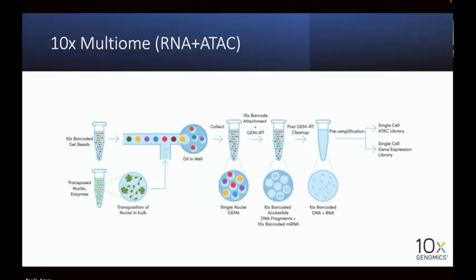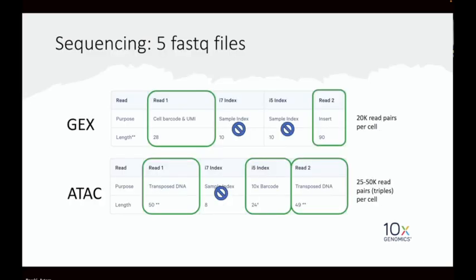The way the experiment works is, you take your cells, prepare the nuclei, and take them to our wonderful core facility. The nuclei undergo transposition, the ATAC reaction, and then they are mixed in the 10x Chromium controller with the beads and oil, creating these so-called gems. Then gems are reverse transcribed and barcoded, and you create two libraries, one for ATAC and one for RNA.